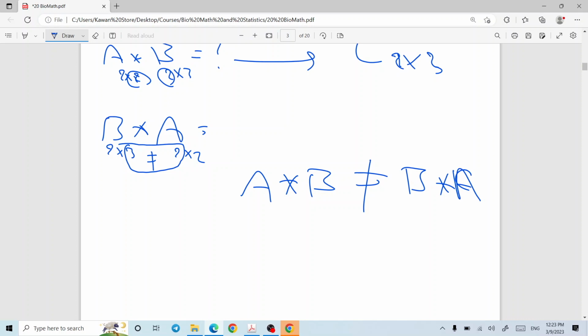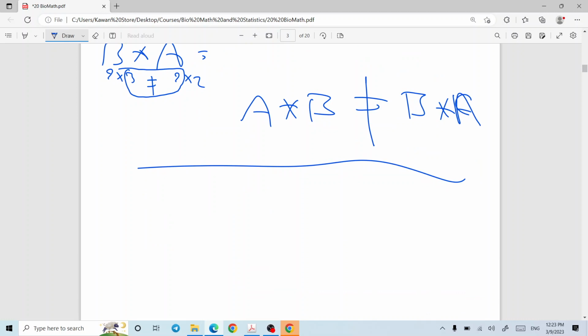So be careful. For example, if that one is 2 by 2 and that one is 2 by 2, we can multiply here, but the result of the first is not equal to the second. So generally speaking, we cannot say they are equal. They are not equal, generally, okay? In one case, they are equal. Later, we will get it. Do you have any questions, dears?